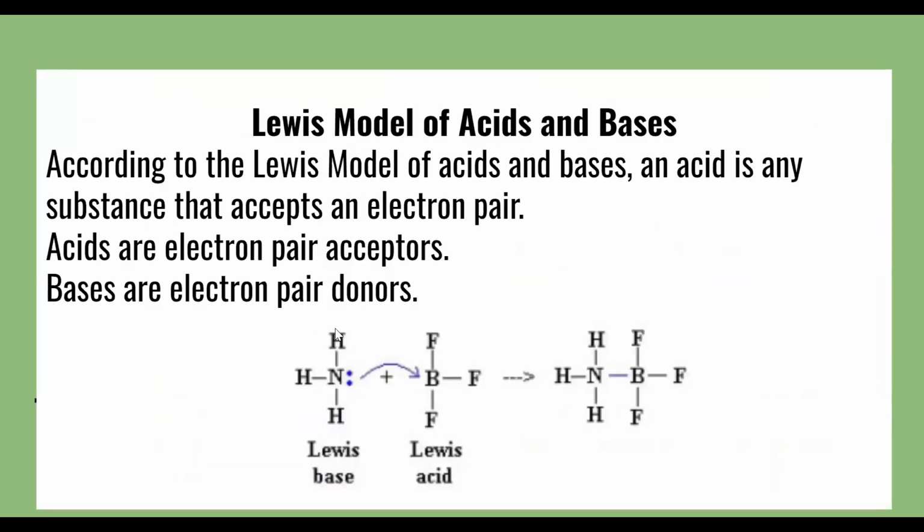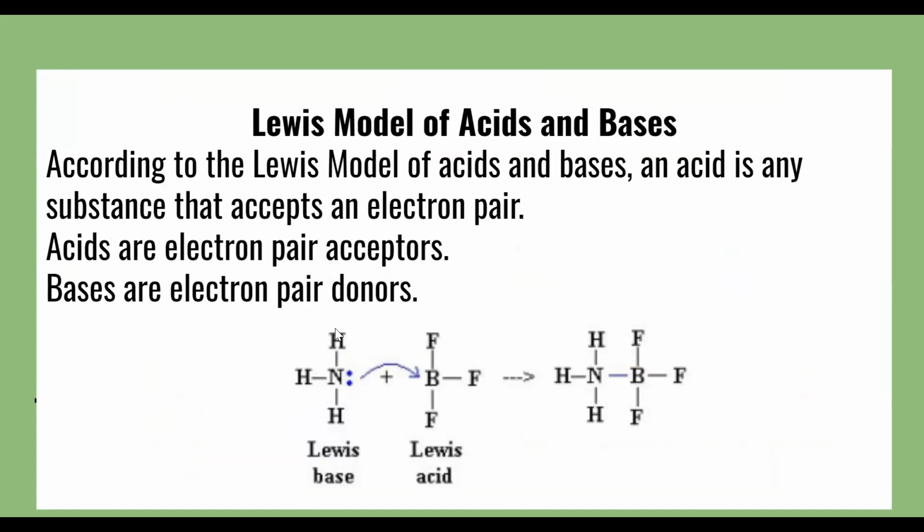So there's the Lewis model of acids and bases. This is not as common as the other two, but it's good to know that there's a third model. According to the Lewis model of acids and bases, an acid is any substance that accepts an electron pair.